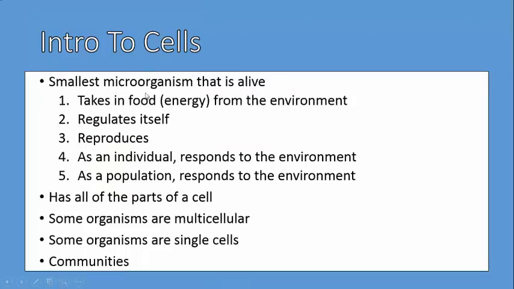So let's talk about what a cell is. Cells are the smallest organisms that are alive. So what do we mean by organisms that are alive? To be considered alive, you have to do these 5 things. You have to take food or energy from the environment to keep yourself going. You have to regulate yourself.